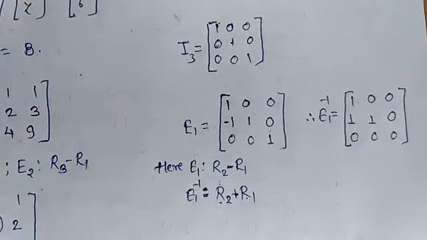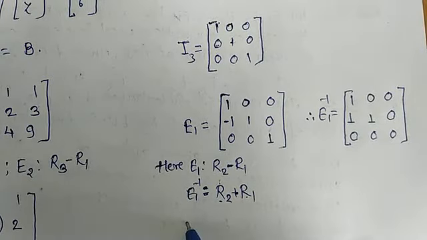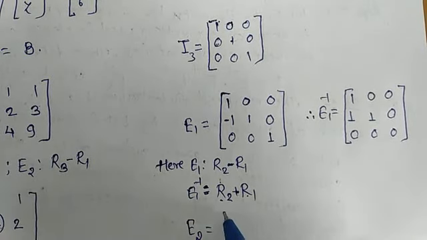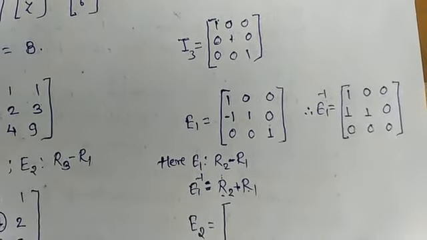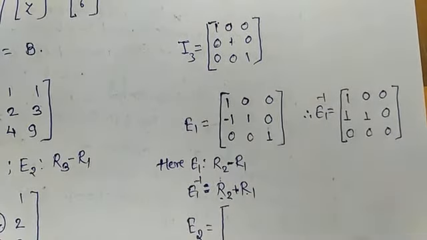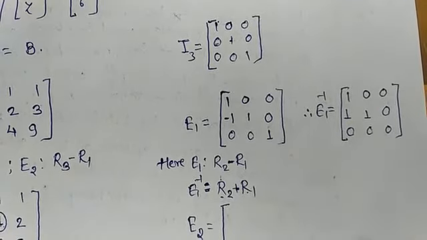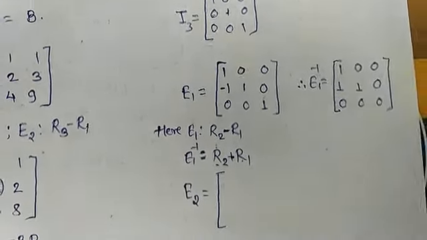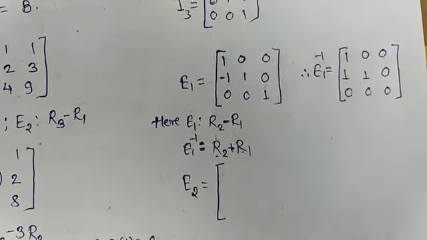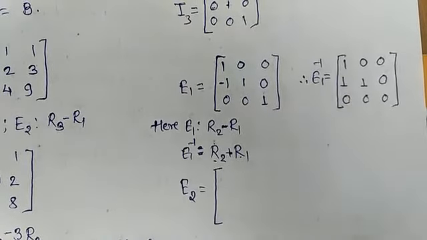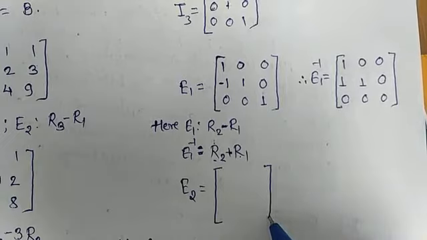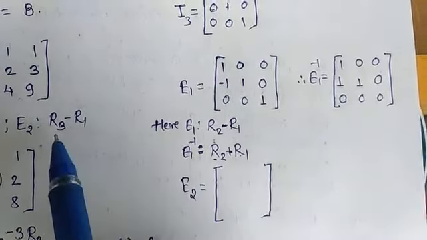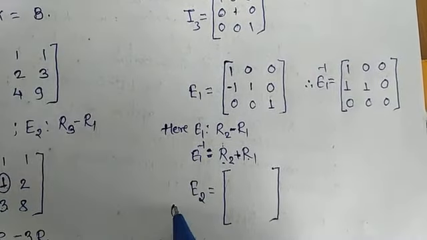Now E2 inverse. It is not necessary to write E1, E2, E3, we only want E1 inverse, E2 inverse, but for your consideration you can write E2 also. Here E2 is the row operation R3 minus R1, which you can write in a bracket also.